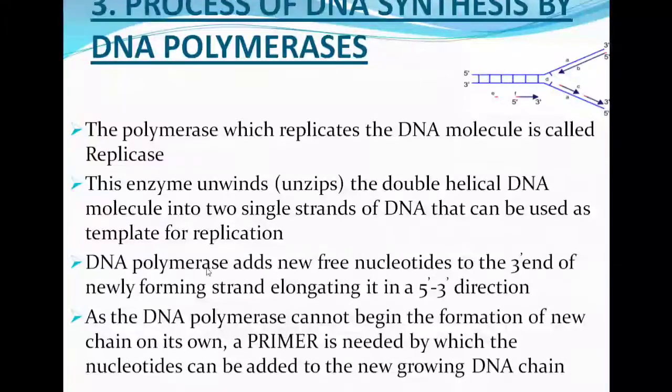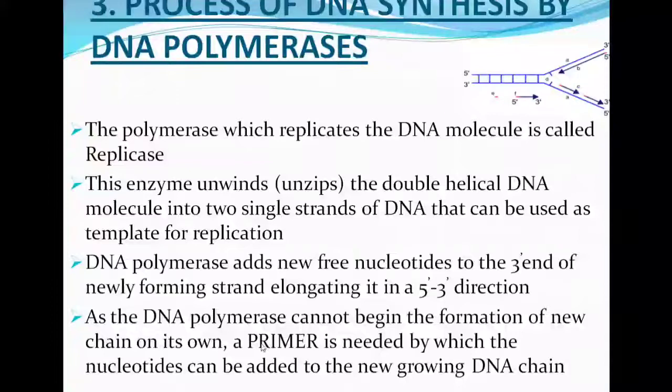And the DNA polymerase now adds new free nucleotides to the 3' end of the newly forming strand, elongating it in the 5' to 3' direction. So you remember that the elongation or growing of the chain is from the 5' to 3' direction only. That's why it is a very important property through which the process of DNA synthesis can take place.